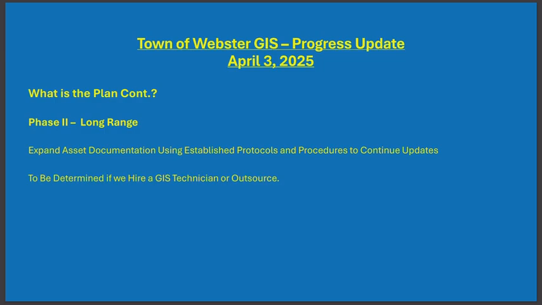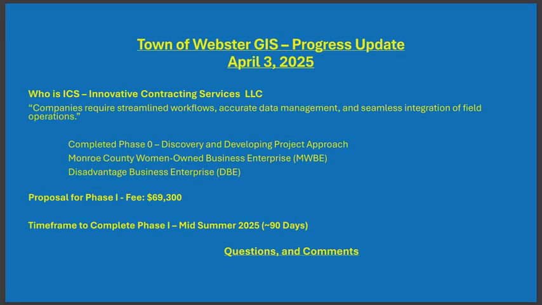And we'll make a determination at that time if we're ready for hiring a GIS technician or if it makes better financial sense to outsource it. But that is a to be determined moment for us once we get to a good spot within phase 1.